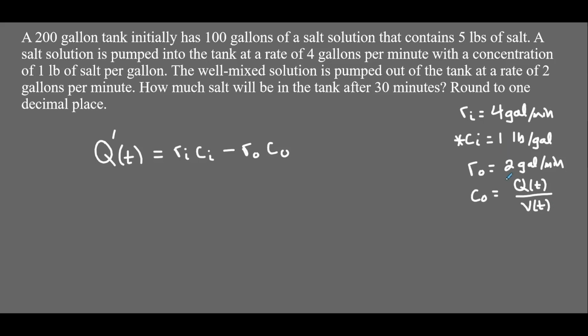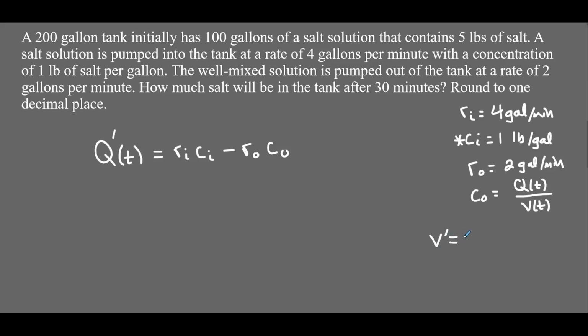So we need to figure out the volume of the solution in the tank. It tells us that the tank is 200 gallons, but it's only got 100 gallons of the solution to start with. Okay, but if the solution is going in at 4 gallons per minute and it's only going out at 2 gallons per minute, that means the volume is increasing by a constant 2 gallons per minute, right? So you could set up a differential equation for that.